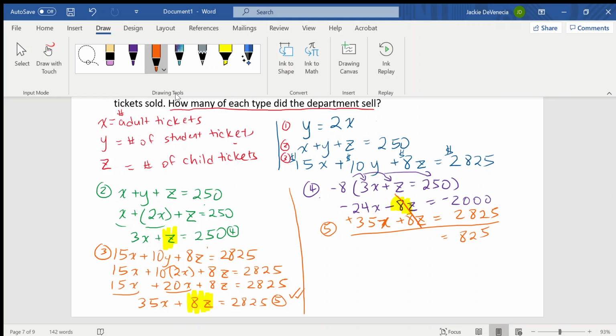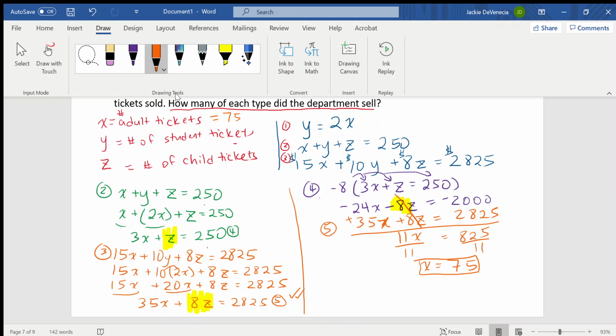We get negative 24 plus 35, which is 11x. Divide both sides by 11, and you're going to get x is equal to 75. How many adult tickets are there? There are 75 of them.